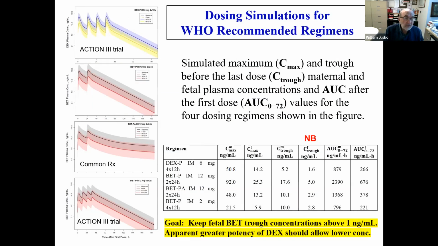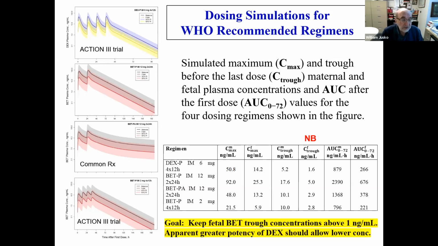So that mimics the profiles that we were fitting from the data that we analyzed. But one can also see the regimens that are used in the ongoing trials of alternative ways of using these steroids.